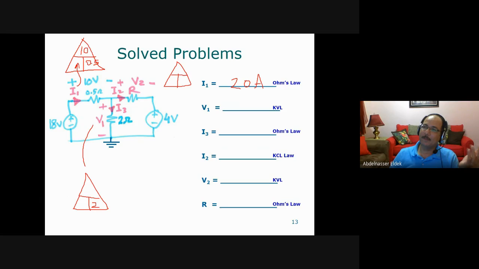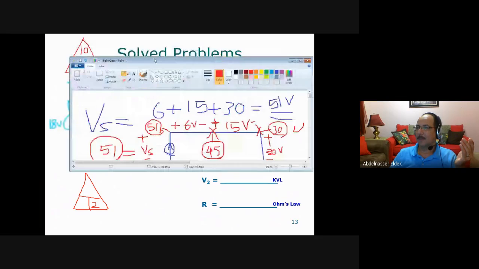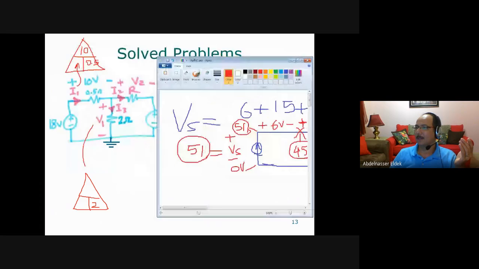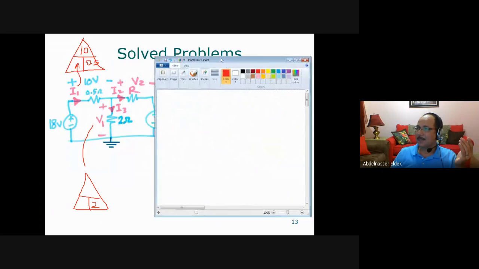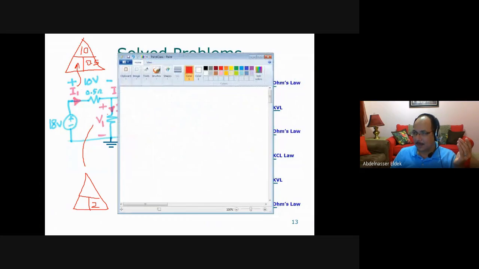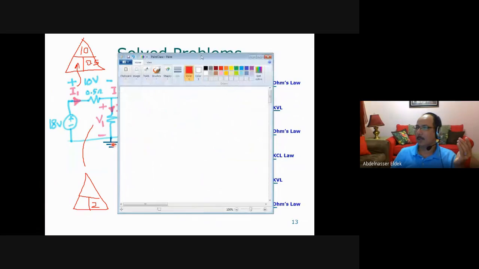If you look at this loop, this one here. Now look at this loop here, this one. Okay, let me use the pointer. This is a pointer. Okay, return back.